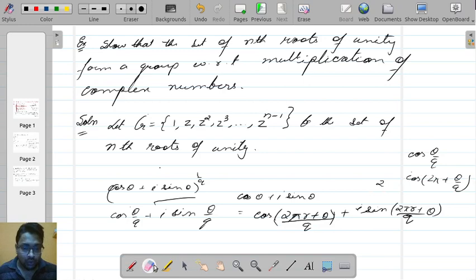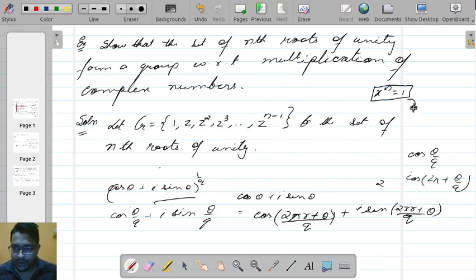The interesting thing is that each of these values satisfies one property: if we take the nth power, then the value that we get is actually 1. So for the nth root of unity, x to the power n has to be equal to 1. All solutions of this equation are said to be the nth roots of unity.